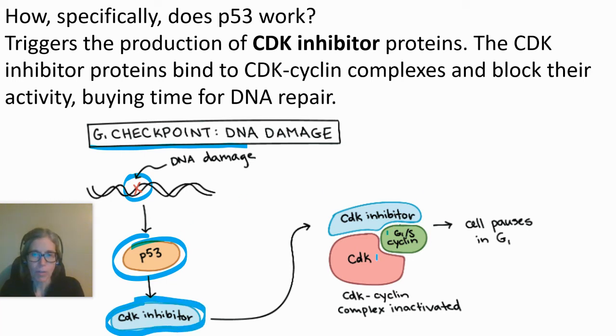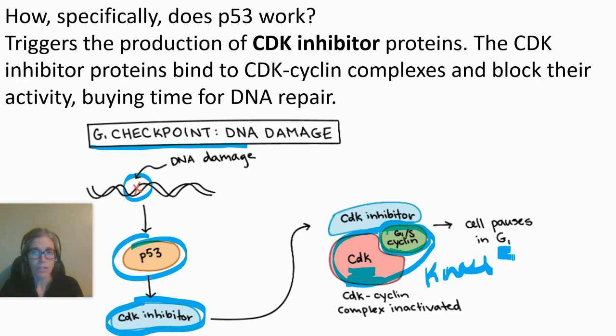You might remember CDKs are always hanging out, but when they have their particular cyclin, the combination of the CDK and the cyclin together will activate the CDK, and the CDK is a kinase, and that kinase will go ahead and phosphorylate a bunch of other enzymes to get you through that particular part of the cell cycle.